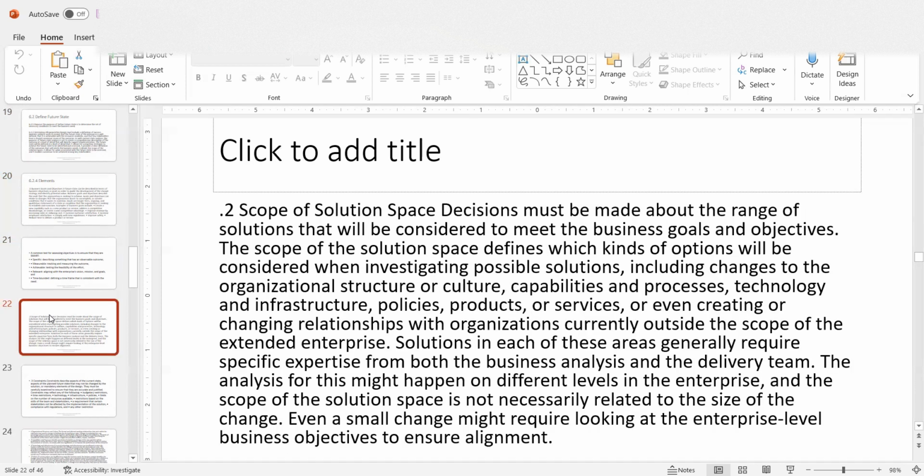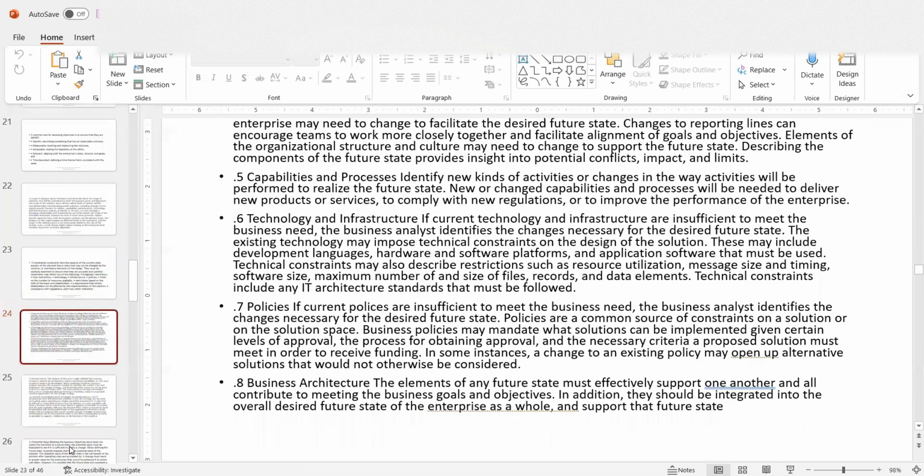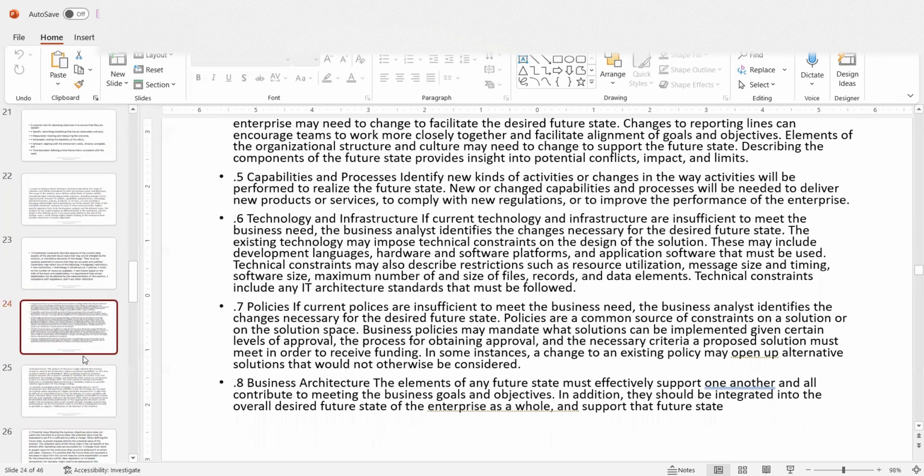She also considers the scope of the solution that needs to be solved for. She considers constraints that they need to look at. So, are there any sort of budgetary constraints? Like, how much money does the company have in order to support the change that's needed? She looks at things like capabilities and processes, existing technology and infrastructure.